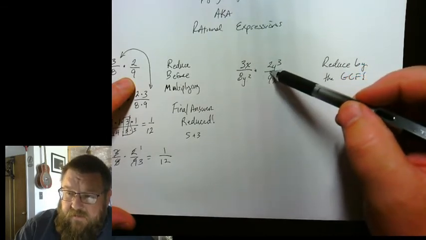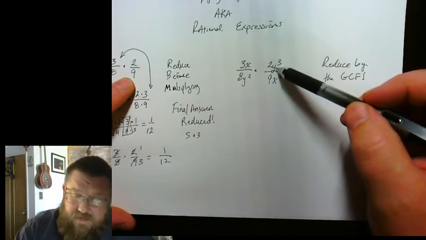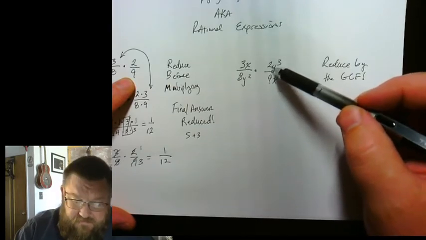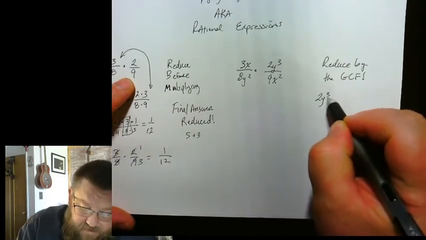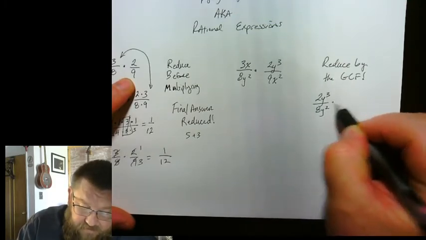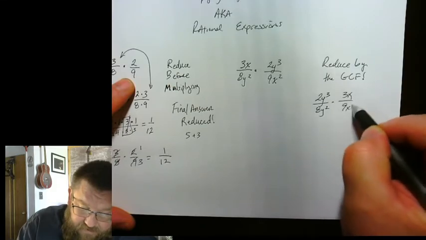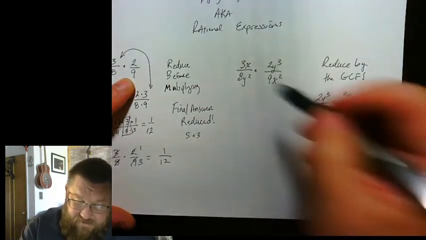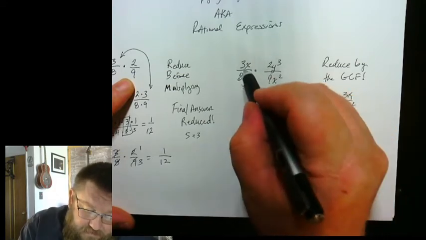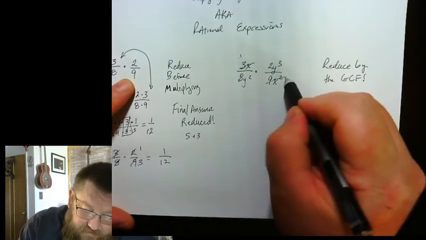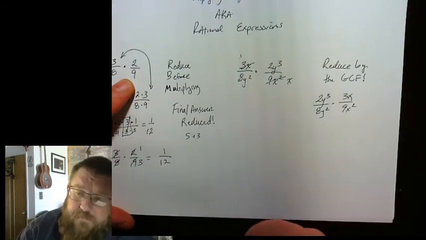The thing is, you're changing the order in your head. So you're actually rewriting it like this. This is what we're actually doing, but we never actually rewrite it because we can just kind of do it like this, right? So 3 goes into 3 one time, x goes into x one time. So this becomes 1, but 3x goes into 9x squared 3x times.